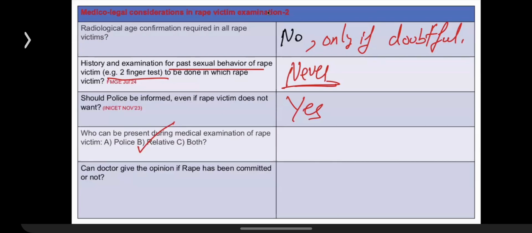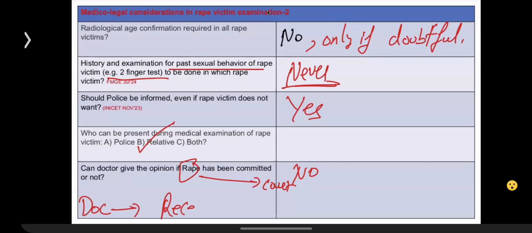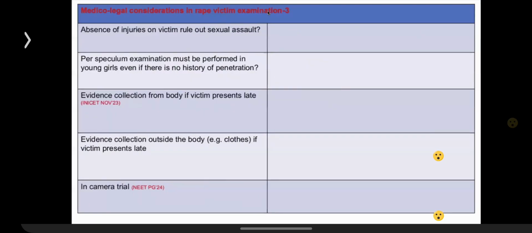Can the doctor give an opinion on whether rape has been committed or not? No. Rape is a legal term. This is decided by a court. What the doctor can tell is that there are signs of recent violent sex. Does absence of injury on the victim rule out sexual assault?